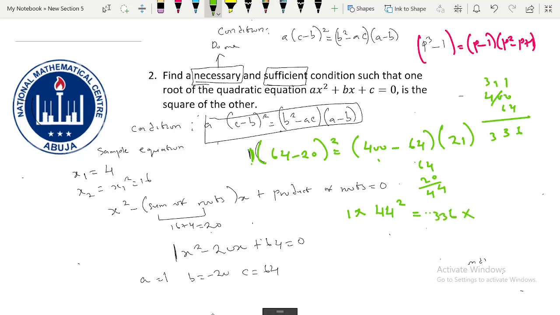A minus B is 21. I don't know where 7 is coming from though, because I'm seeing a factor of 7 somewhere. If we break this down, this is 1 times 11 times 11 times 4 squared. And I'm not seeing the factor of 86 there. So I think there's a problem now. So I have to check that.